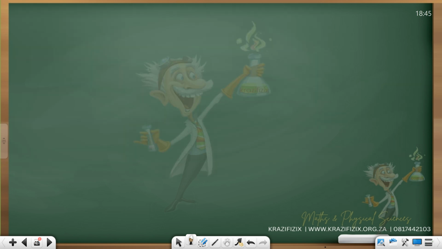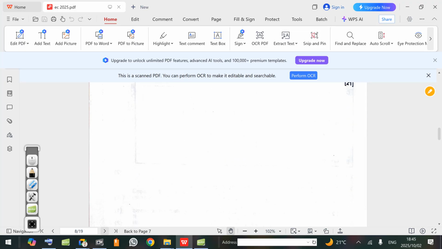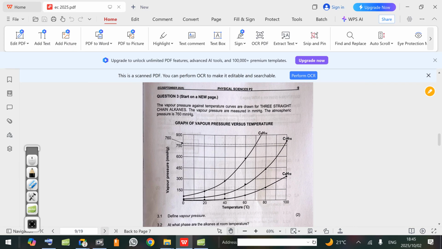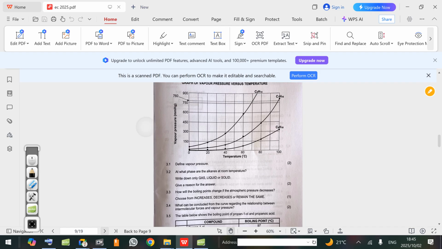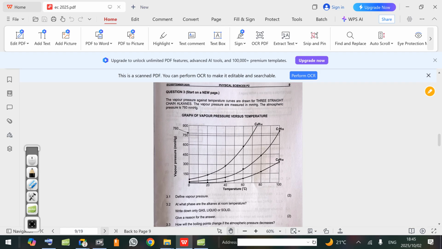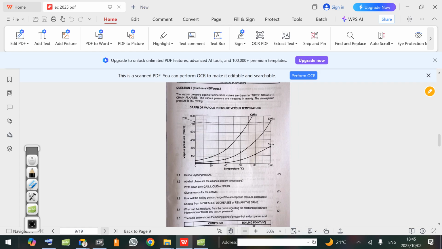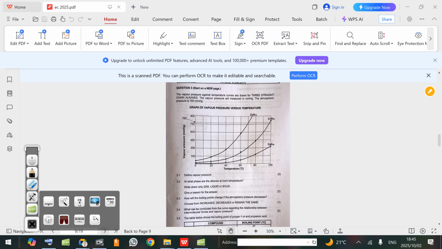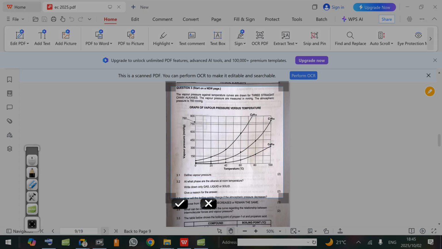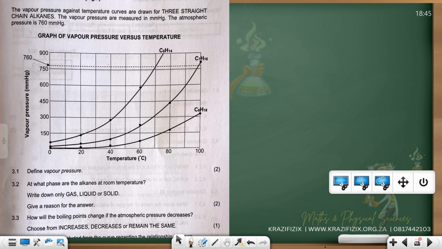All right. Let's see what they have for us. My Eastern Cape paper. Brilliant. Gradient. Okay, let's see something here. So we're going to answer it in sections. First 5 marks.